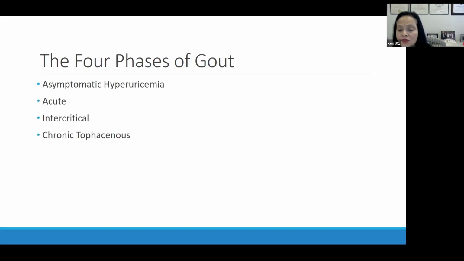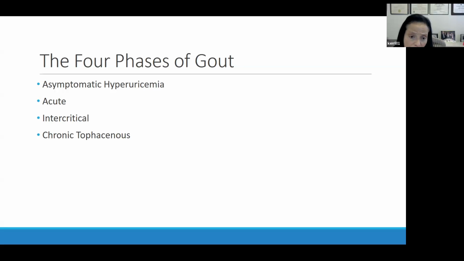There are 4 phases of gout. There's a long phase of asymptomatic hyperuricemia, which we do not treat, although there is some discussion about whether or not that should be treated. Currently, we do not treat asymptomatic hyperuricemia. Then there is acute synovitis, known as acute gout.